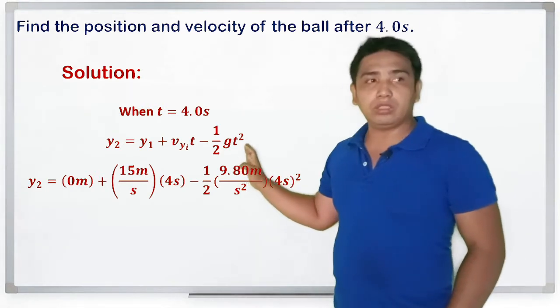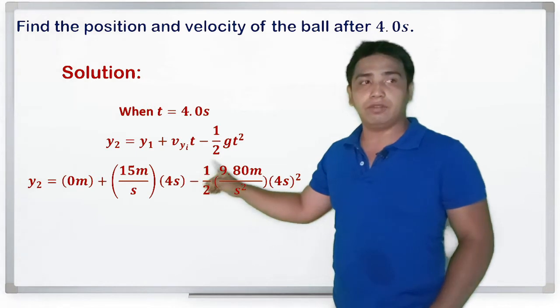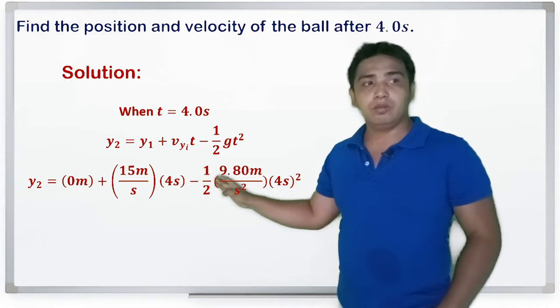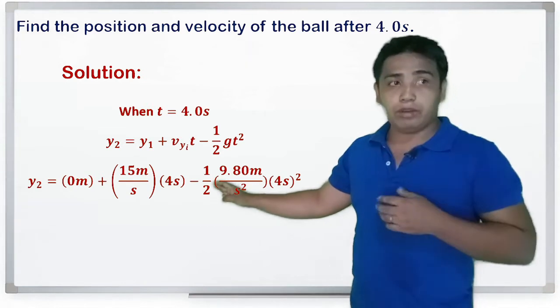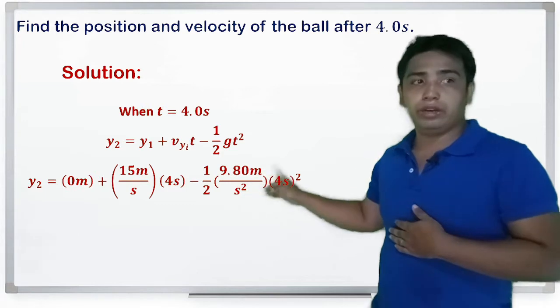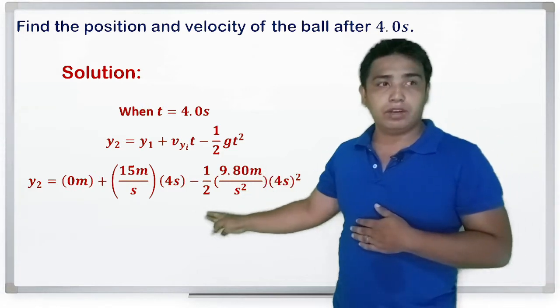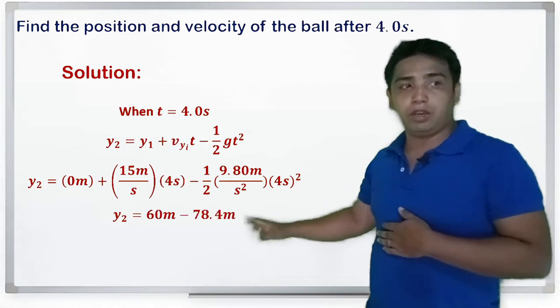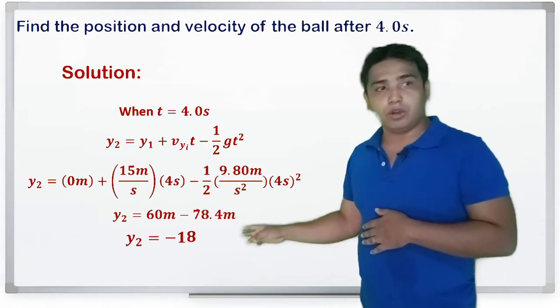So we are going to substitute the value of Vyi, which is 15 meters per second, times the value of time, which is 4 seconds. And then here we have 1 half times 9.8 meters per second squared times 4 seconds squared. So you have y sub 2 equivalent to 60 meters minus 78.4 meters, and you will get negative 18.4 meters.